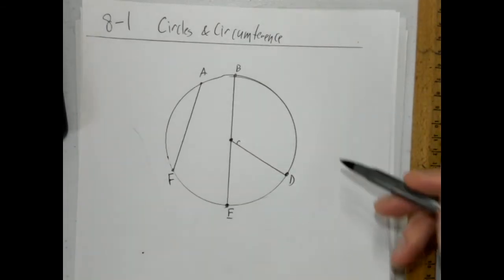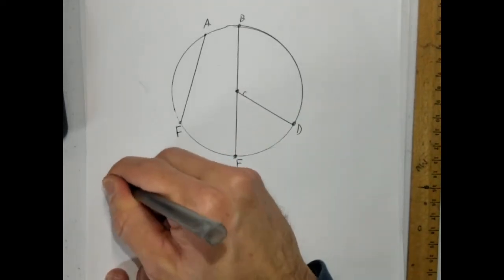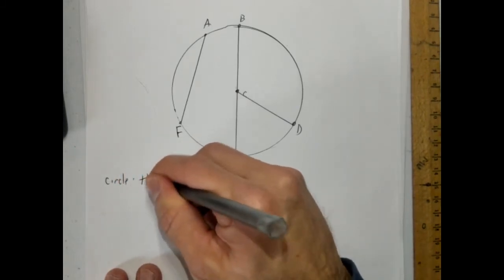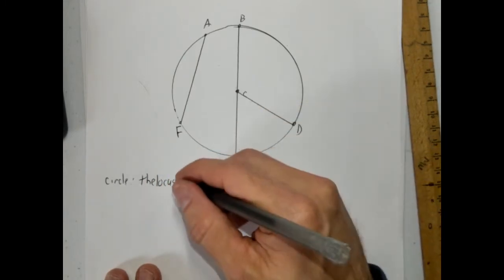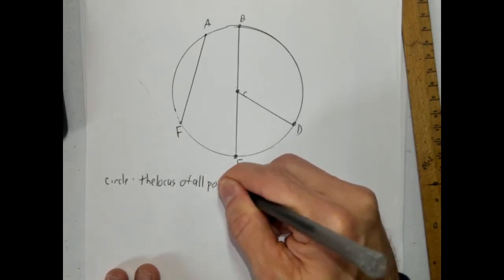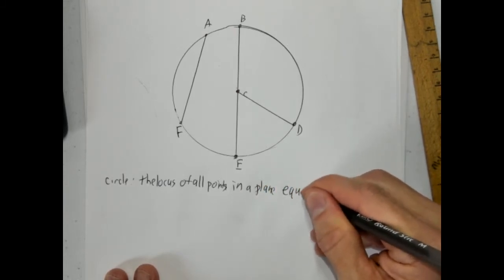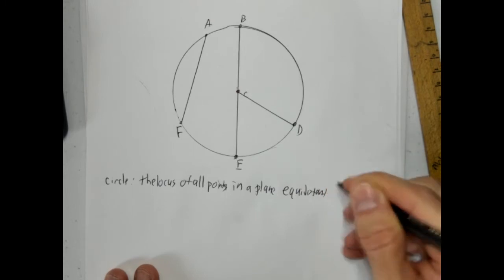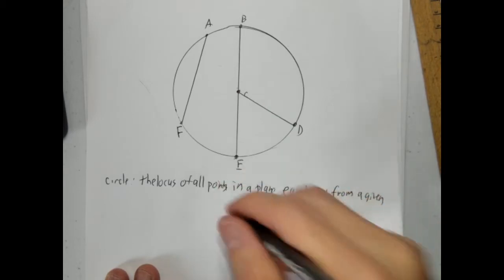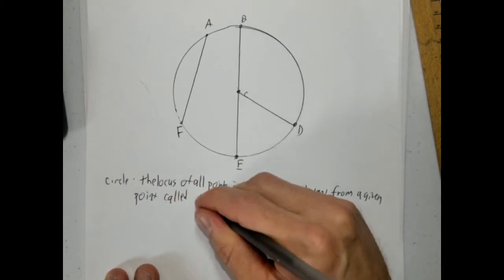I think what I'll do is actually write some definitions here as we do this. So a circle, this will be the first term. A circle is the locus, or set of all points, in a plane equidistant from a given point called the center.